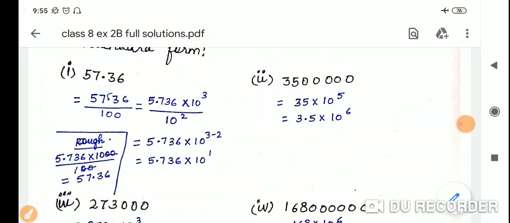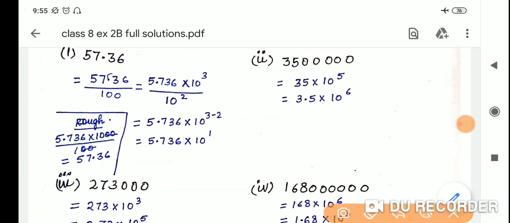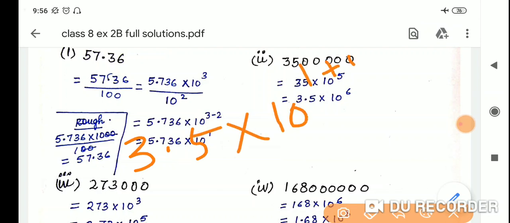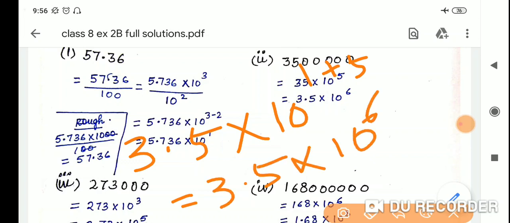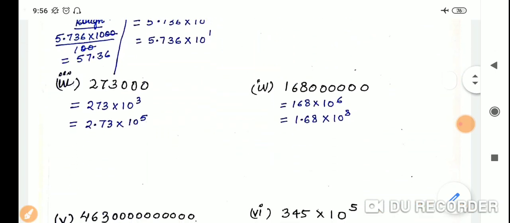Then the powers add: 1 plus 5 is 6, so 3.5 multiplied by 10 raised to the power 6. It will be like this.